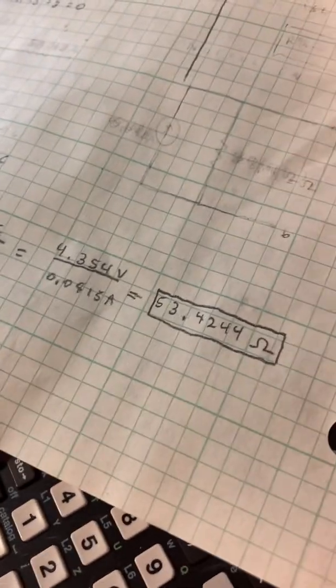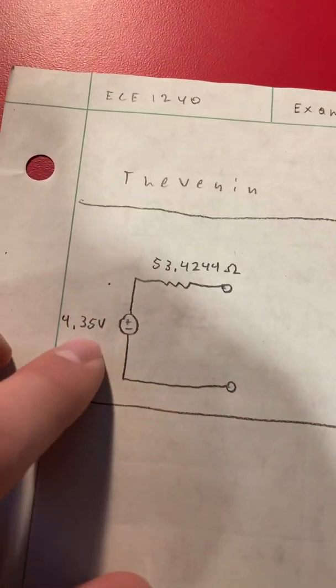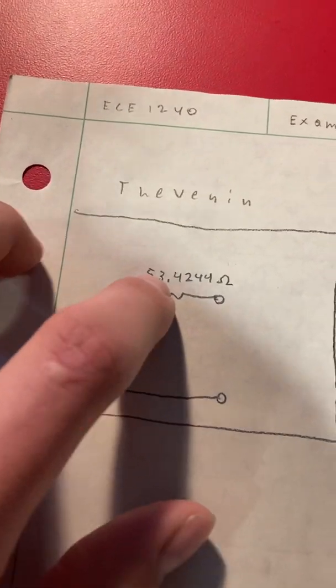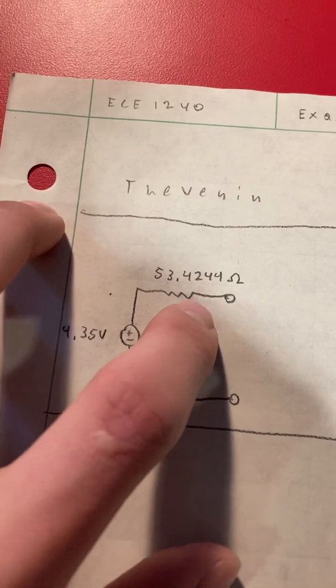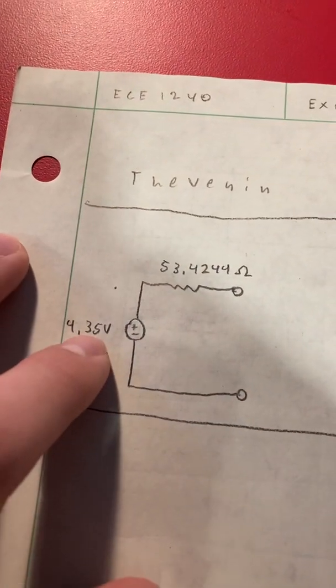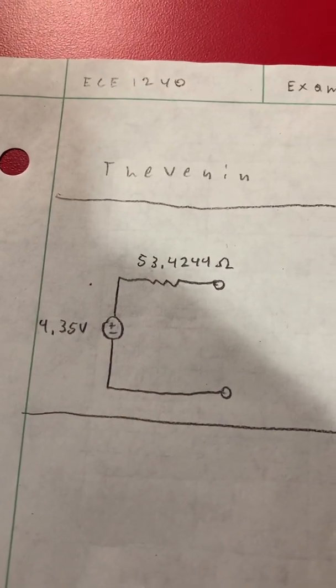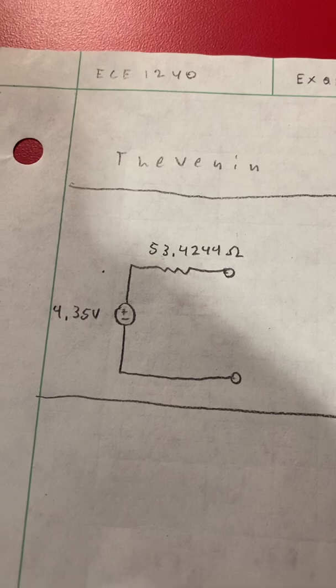Now that we have our voltage open circuit, our current short circuit, and our Thevenin resistance, we're ready to draw our Thevenin and Norton equivalents. The Thevenin equivalent is the VOC in series with a resistor with the value of the R Thevenin, which is a 4.35 volt power source in series with a 53.4244 ohm resistor.